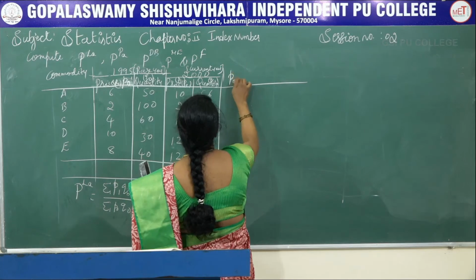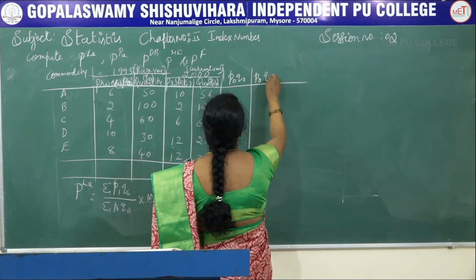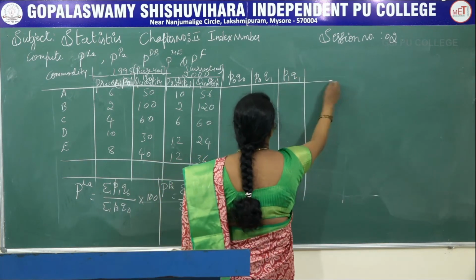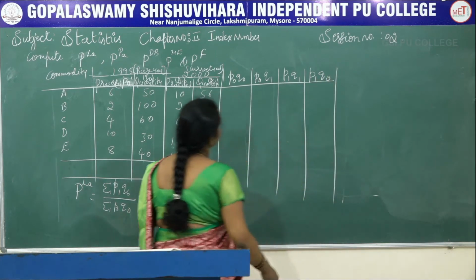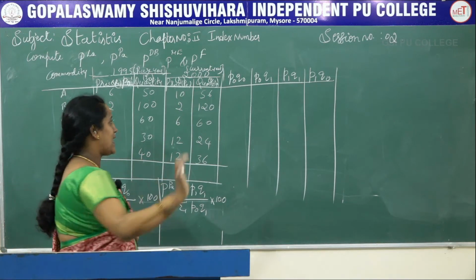We have to find P0 Q0, P0 Q1, P1 Q1, P1 Q0. These four products we have to take.